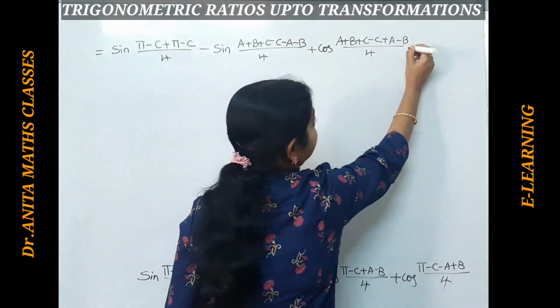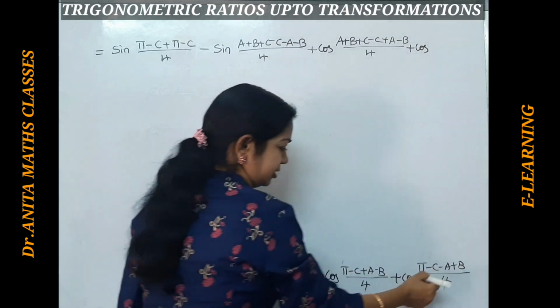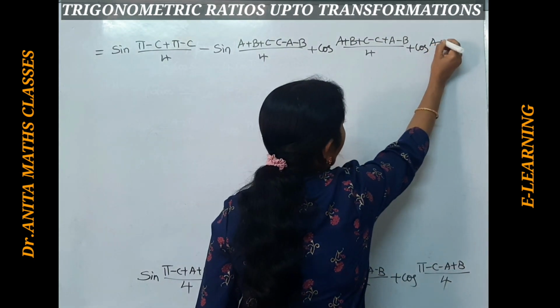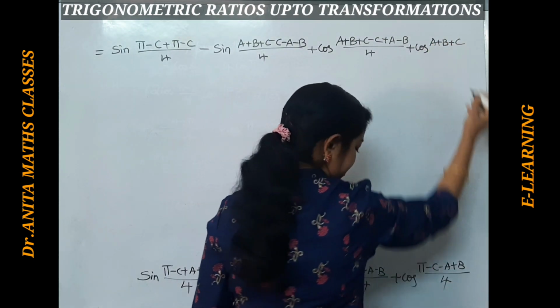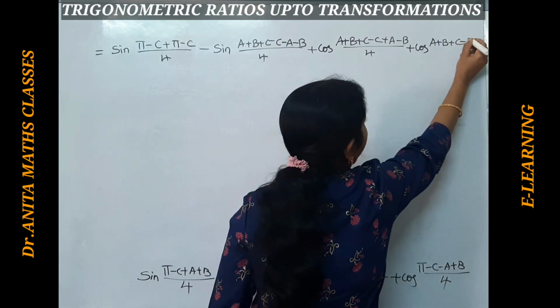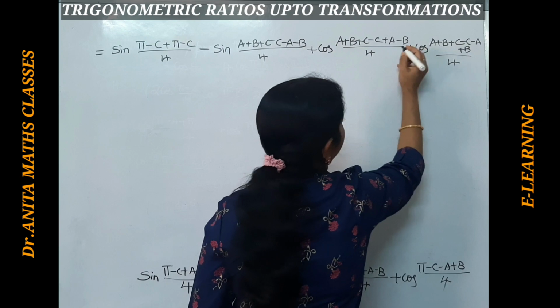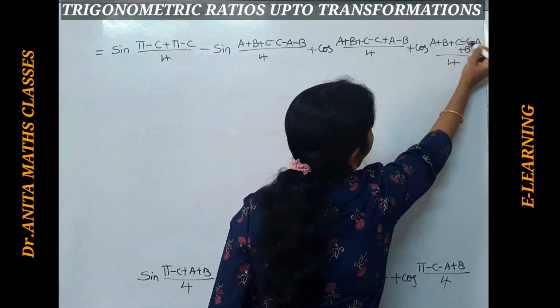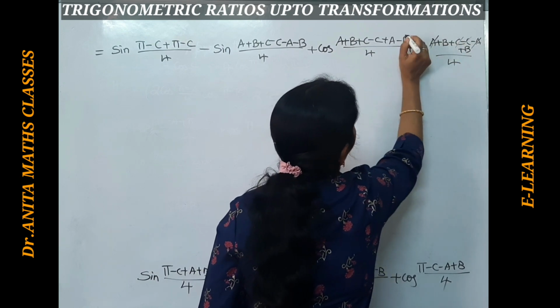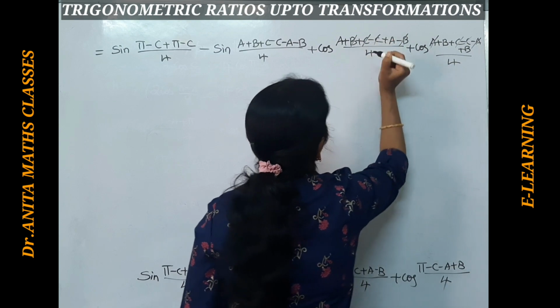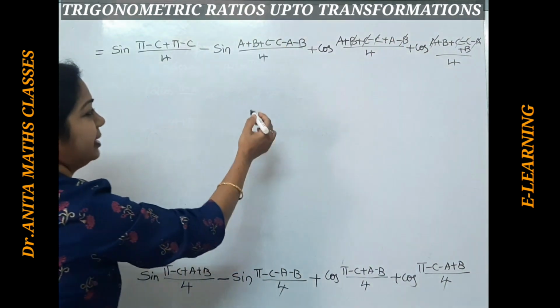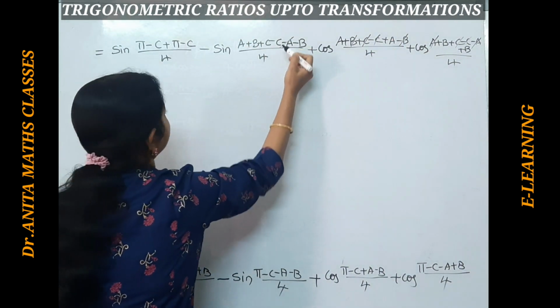Again we have cos of pi, a plus b plus c, minus c minus a plus b by 4. So we can cancel off c minus c, plus a minus a, and b minus b, all these. So this becomes completely 0.